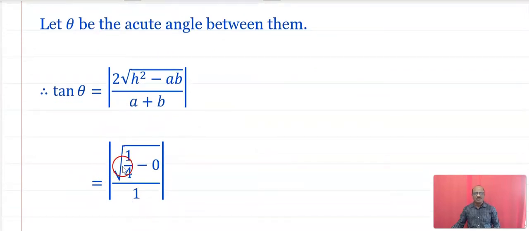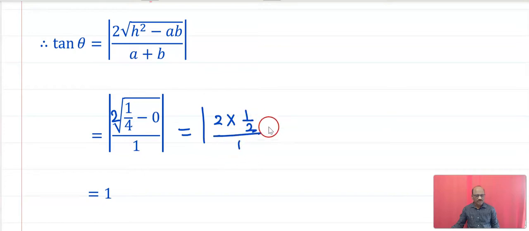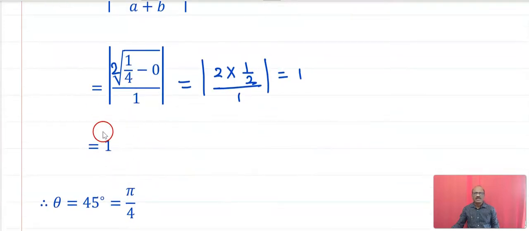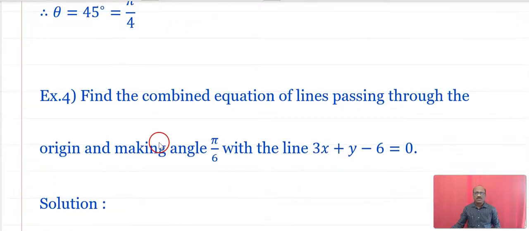That is equal to, here 2 into root of 1 by 4 minus 0, and the square root of 1 by 4 is 1 upon 2. Here 2 into 1 upon 2 whole divided by 1, and overall you will get 1. And that's why tan theta is equal to 1. And that's why theta is equal to 45 degrees, that is equal to pi by 4.